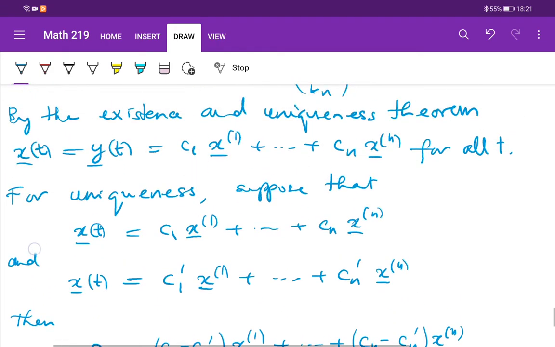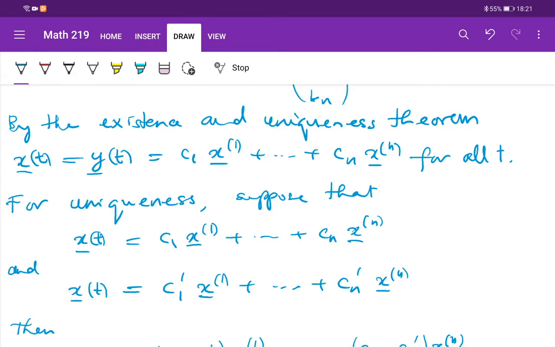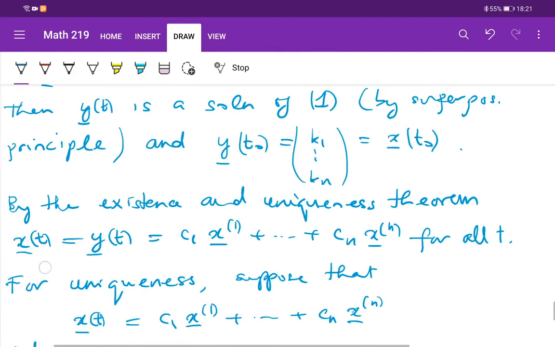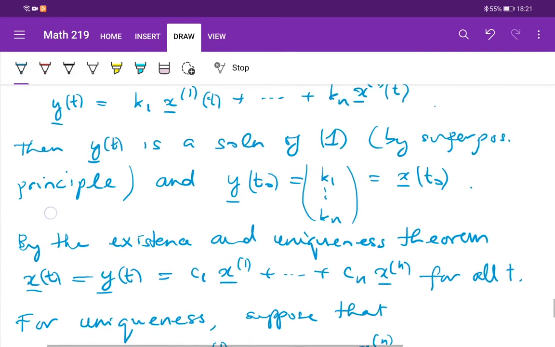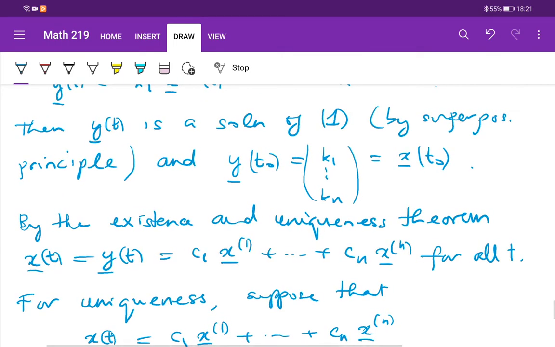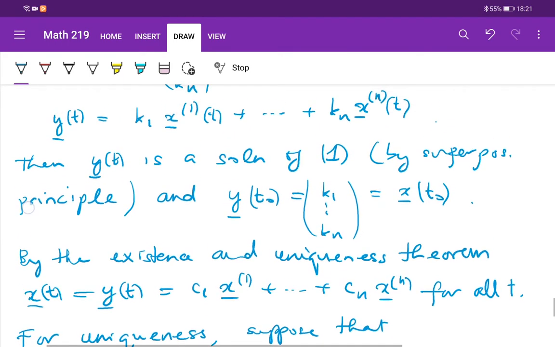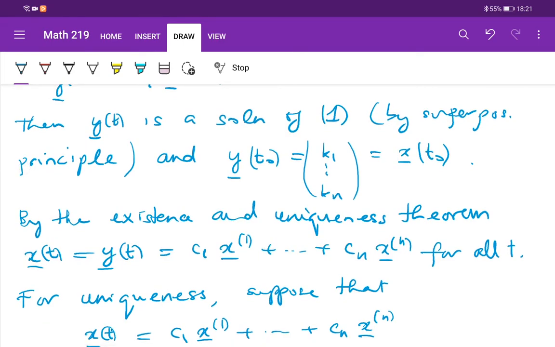So that's all there was. I think I made a slight typo here, let me just correct that. y(t) was with k's, so these should be k's rather. So these are k1 up to kn, of course, here.